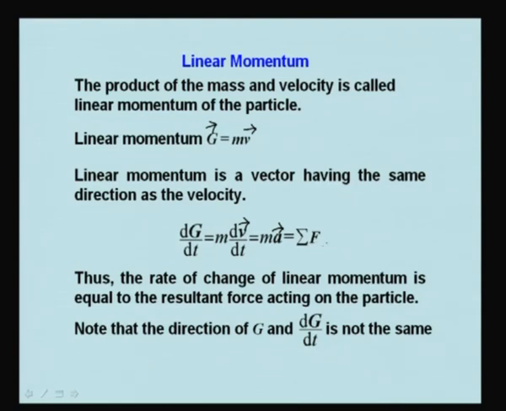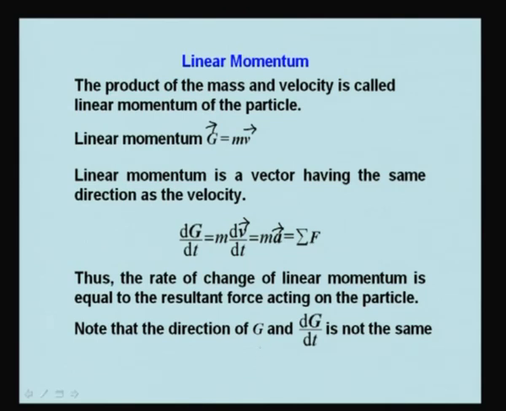Thus, the rate of change of linear momentum is equal to the resultant force acting on the particle. Therefore, Newton's second law can be expressed in this form also, that is, the rate of change of linear momentum is equal to the resultant force acting on the particle.